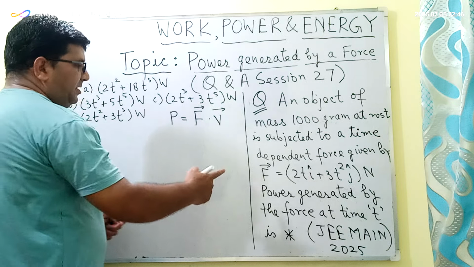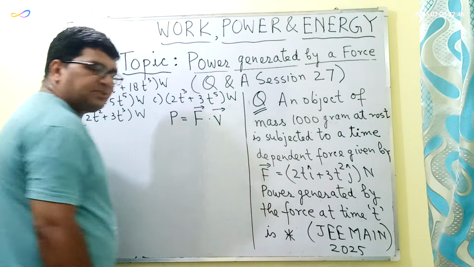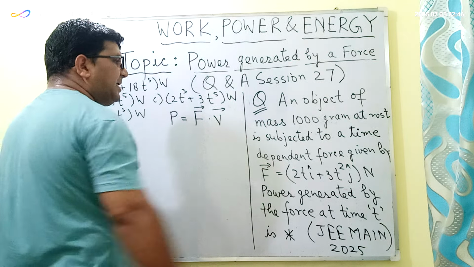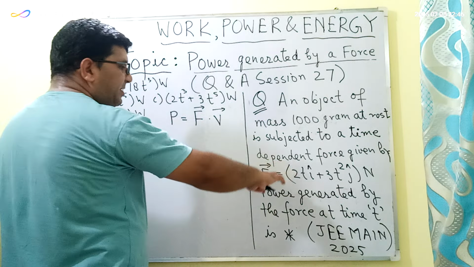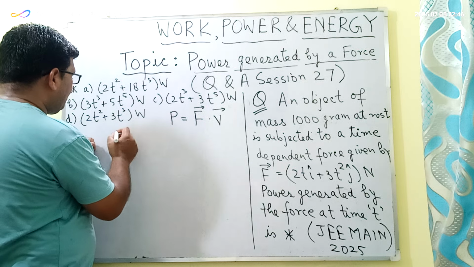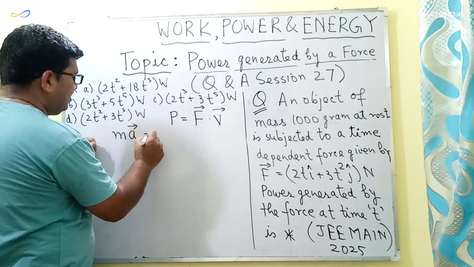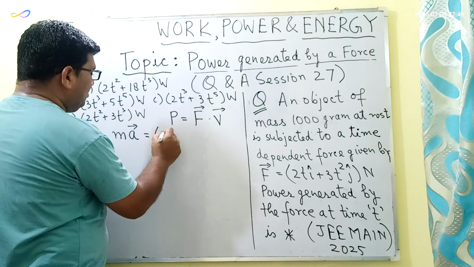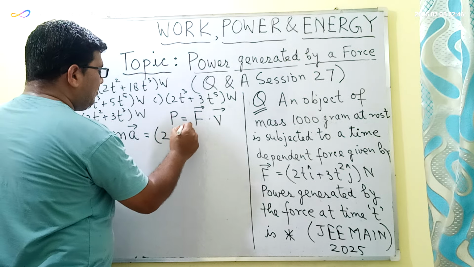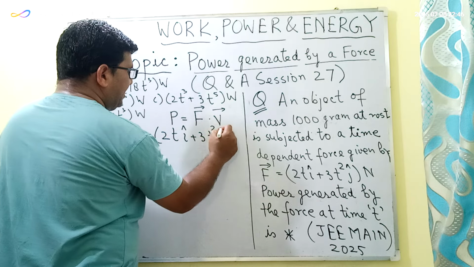The mass of the object is given as 1000 gram. Initially it is at rest. Now it is subjected to a time-dependent force which is given by this equation. So force is equal to mass into acceleration, and this is equal to 2t i cap plus 3t square j cap newtons.